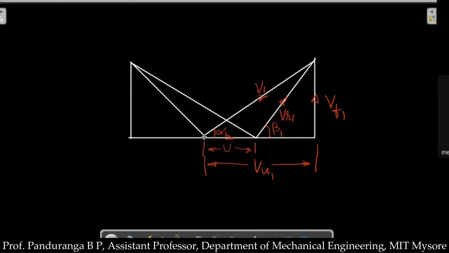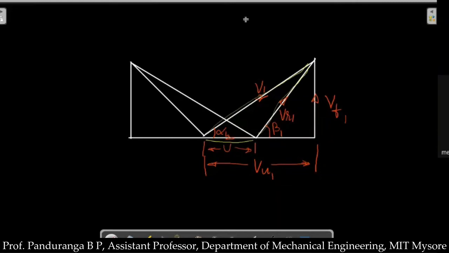This portion of the triangle is a right angle, and it will always be a right angle triangle, because we are resolving v1 into vertical and horizontal components. That is one triangle, and the other triangle is the one formed by u, v1 and vr1.